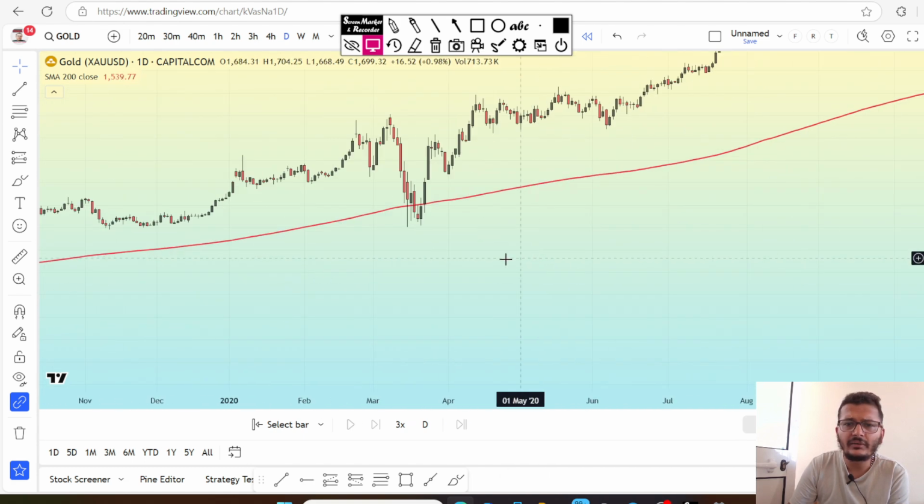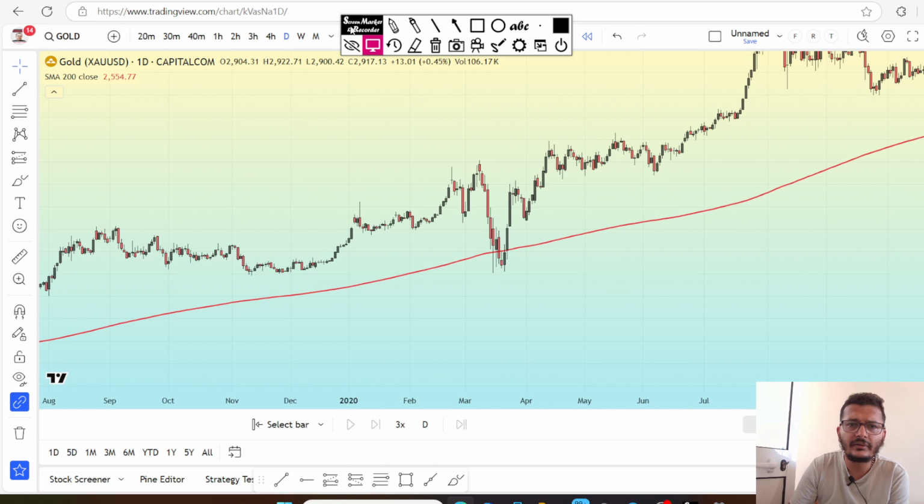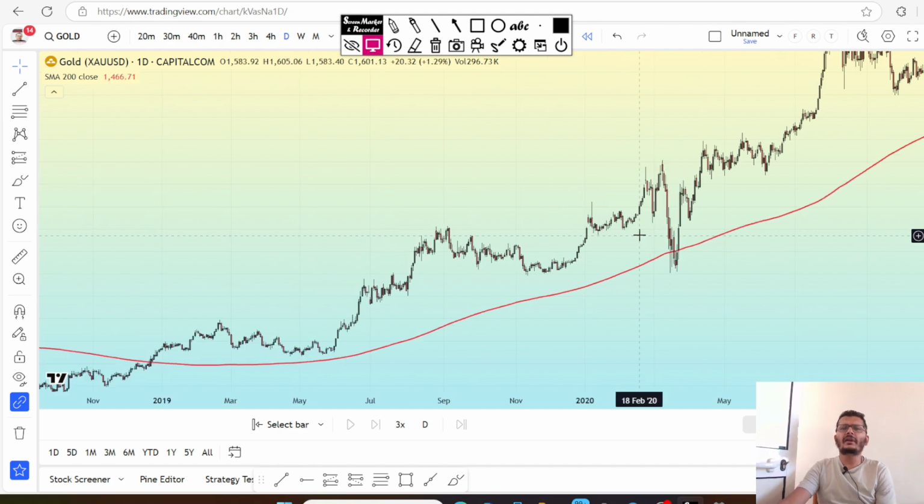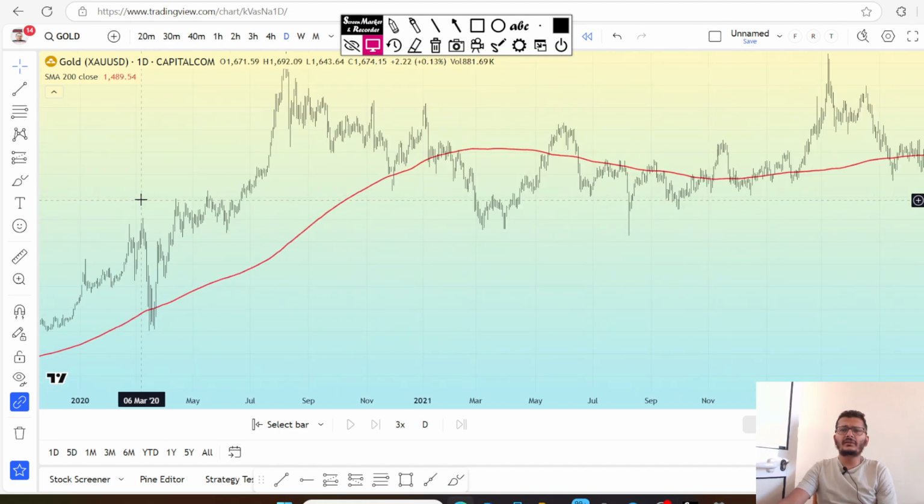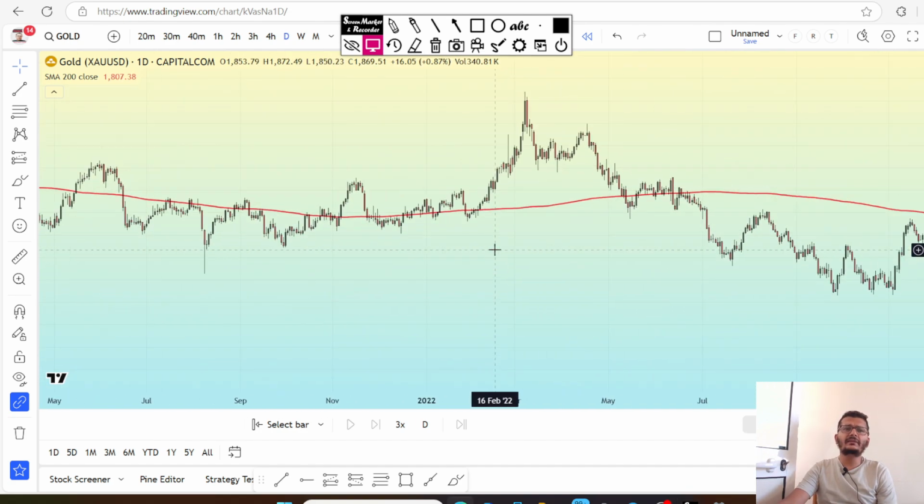Okay, look here, what a nice trade. A perfect support. After the green candle, you can go for the long entry. So these are the very fundamental things, the basic things you need to understand.